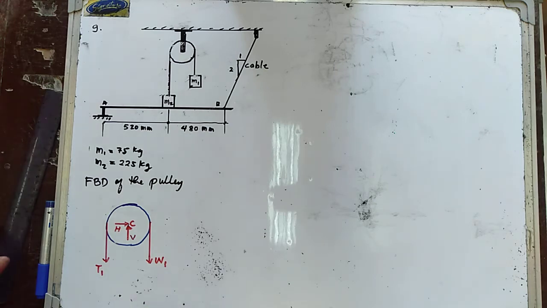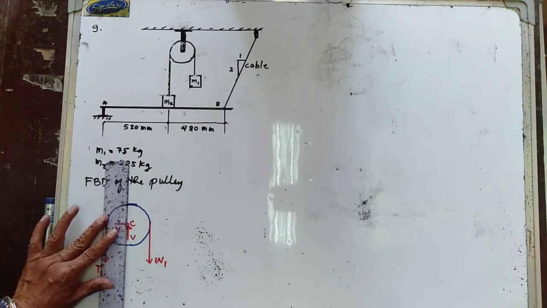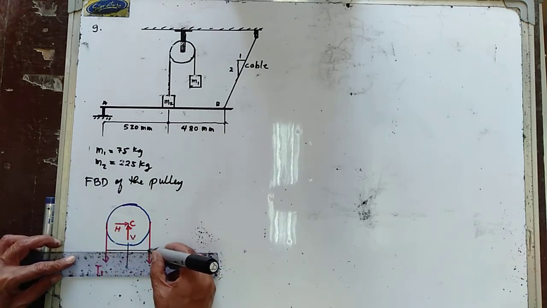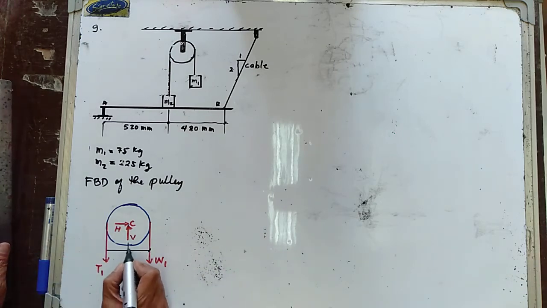Now, let us consider the radius of the pulley to be equal to R. So this is the radius of the pulley, and that is the diameter.